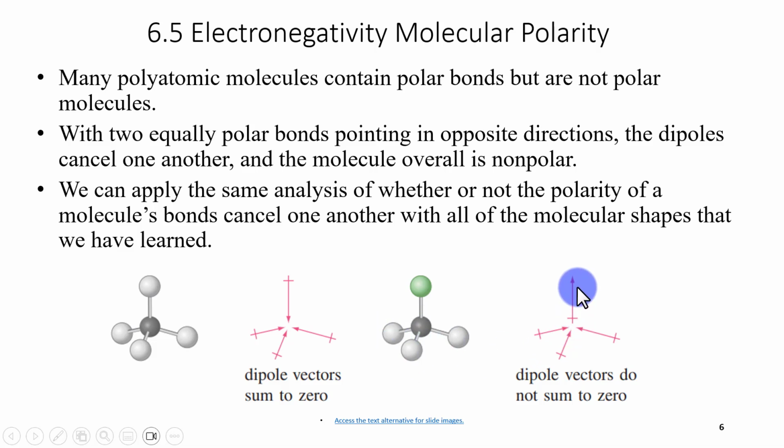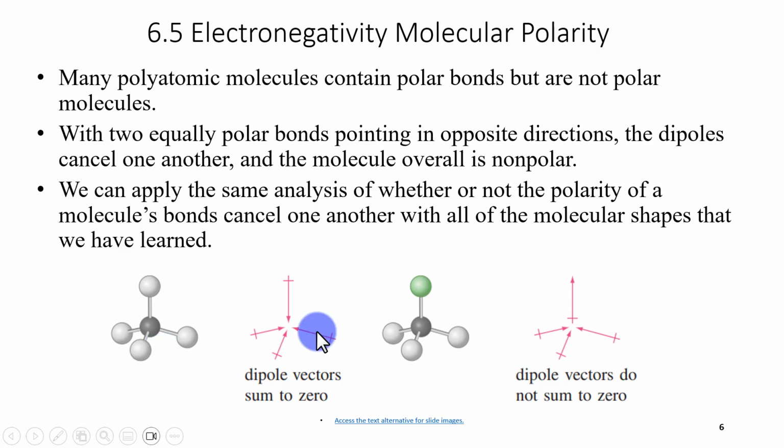You can see it's pointing in the opposite direction because now the chlorine is the more electronegative, and so the arrow is pointing towards the more electronegative atom. Now when I do the sum of these dipole vectors, they do not equal 0 anymore. And therefore, this becomes a polar molecule, whereas this one is not. Because all of these atoms are the same atoms, whereas here they're not the same. And that will change bond polarities and the sum of the dipole vectors.